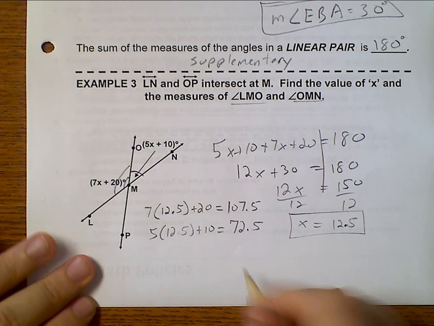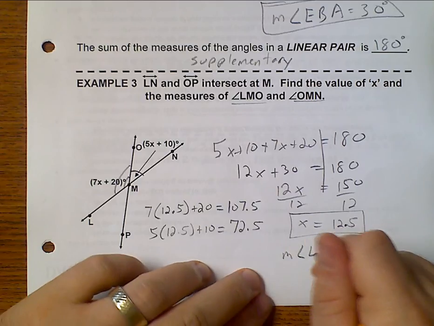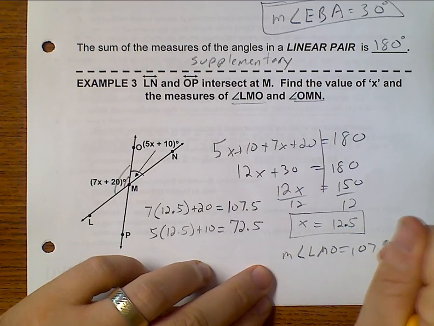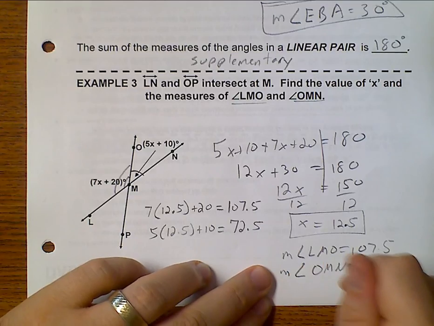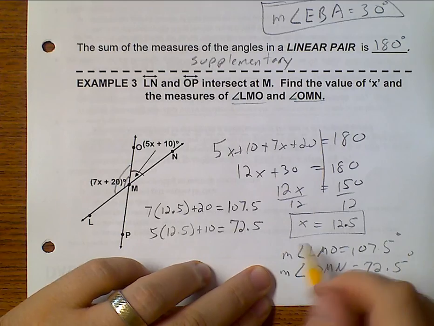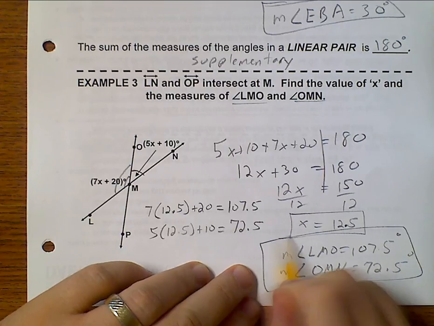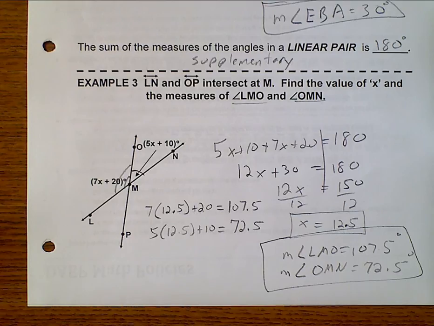So, the measure of angle LMO is 107.5, and the measure of angle OMN is 72.5, and those are both in degrees. And so that's how you can use a linear pair to find the measure of angles.